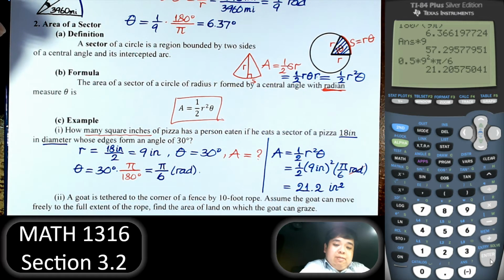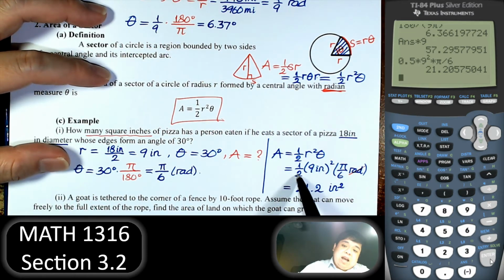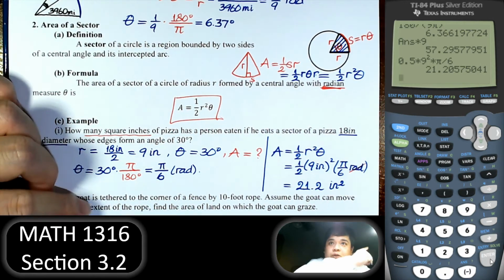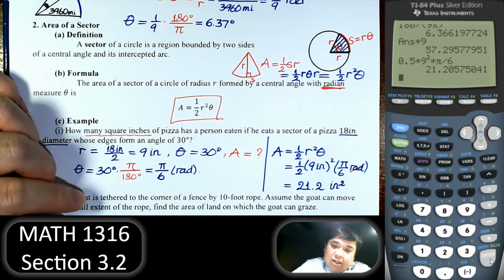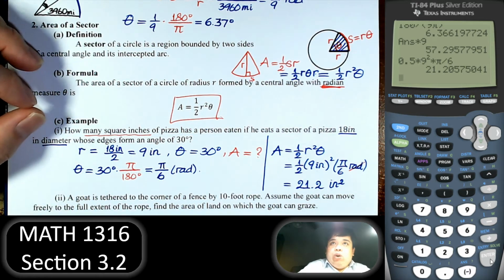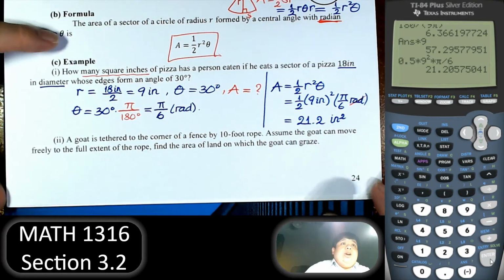Simple enough, right? Just make sure that 9 squared is 81 times that, and then times pi over 6, exactly what we have in the calculator over there. The unit is inches squared. That's why we end up with inches squared. Simple enough. Another example.